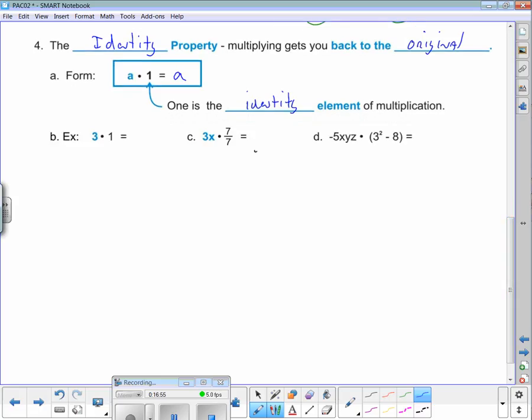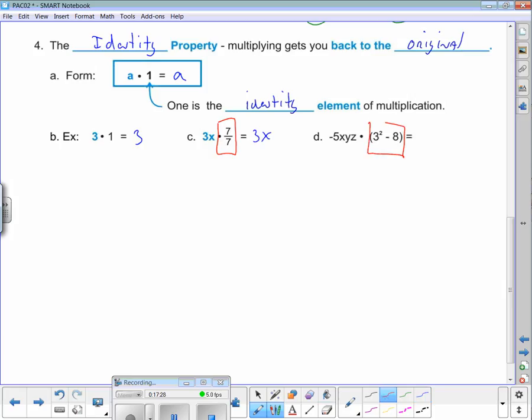The first example is pretty obvious, right? Like second grade. 3 times 1 is 3. But you know what? In our algebra, we're going to use this principle a lot. 7 divided by 7 is? So therefore, the answer has to be? 3x, right? We're back to the original. That's the identity property. Back to the original.